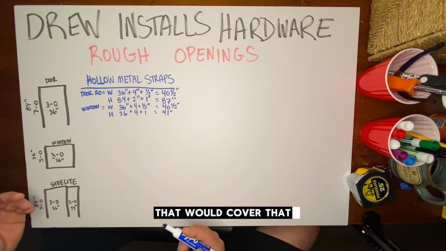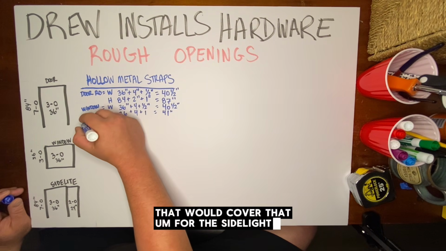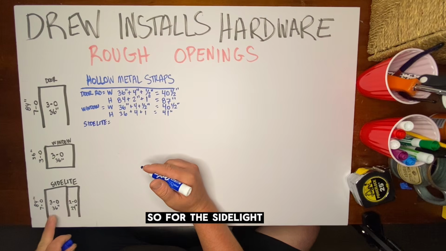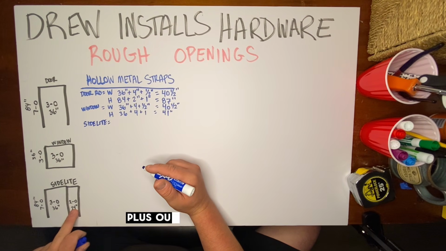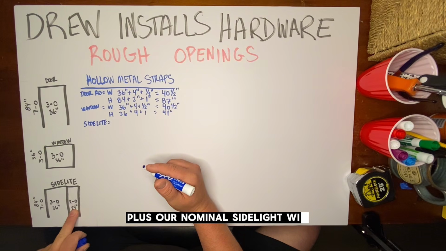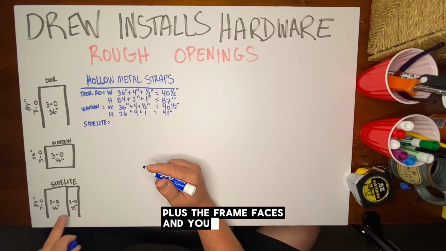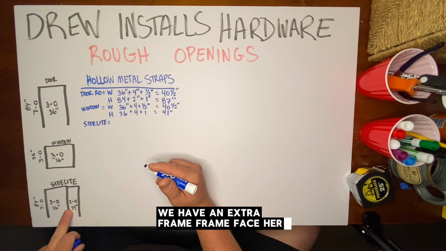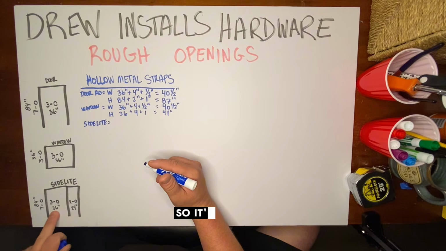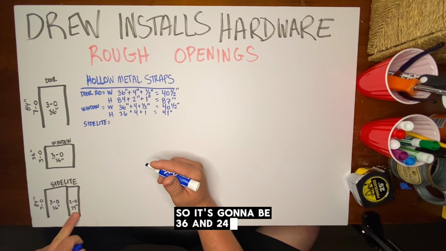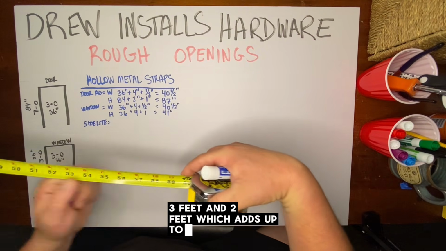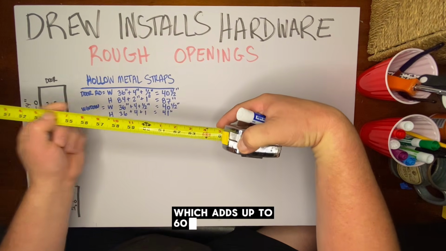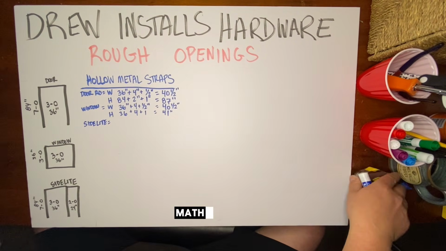That would cover that. For the side light, again, it's going to be our nominal door width plus our nominal side light width plus the frame faces. And you see we have an extra frame face here, don't we? So it's going to be 36 and 24, 3 feet and 2 feet, which adds up to 5 feet, which adds up to 60. Okay, math is good.